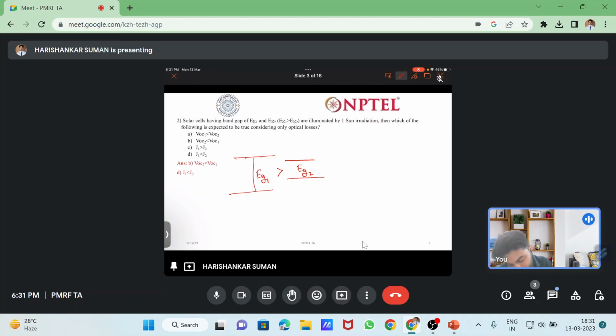The answer is J1 less than J2 because with a high band gap the current will be less, in Eg1 where the band gap is high. So our solar spectrum could be like that. Let me do it properly.